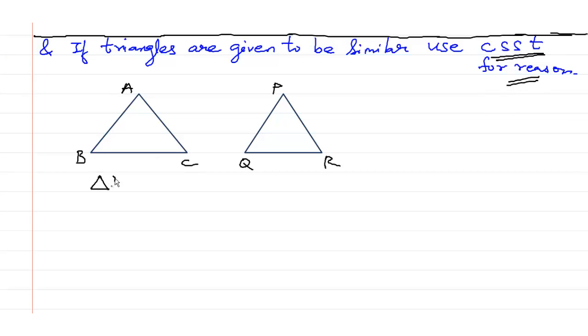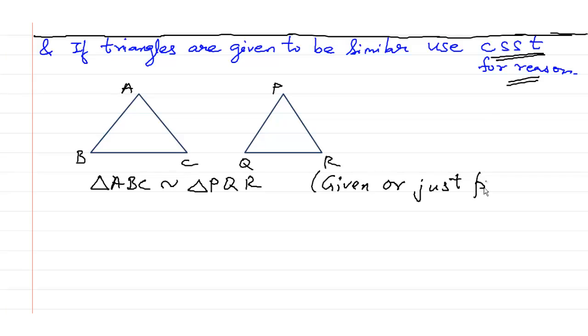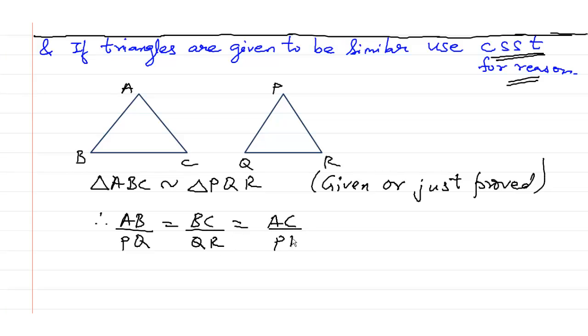So if triangle ABC is similar to triangle PQR, remember this is either given or we have just proved it, then we can say that AB upon PQ is equal to BC upon QR is equal to AC upon PR, and the reason would be corresponding sides of similar triangles. And this is not the SSS test.